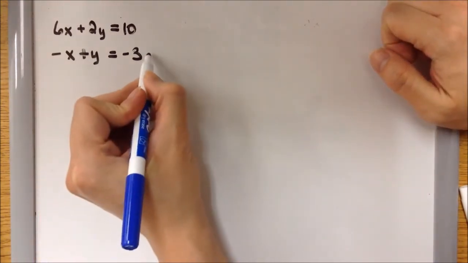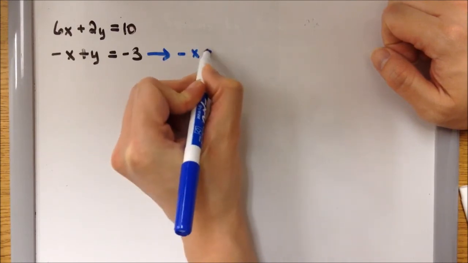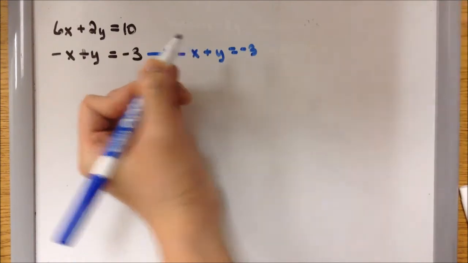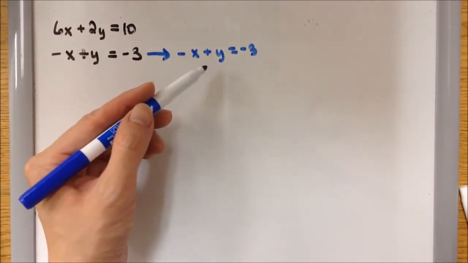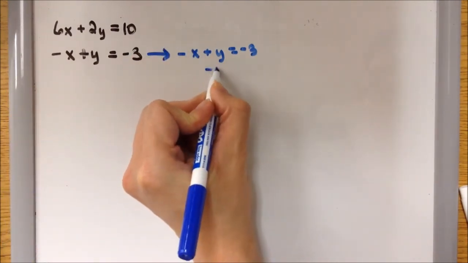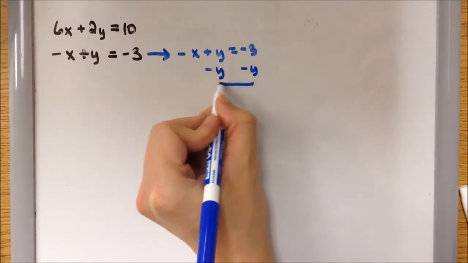So in equation 2, negative x plus y equals negative 3. If I want to get x by itself, I need to cancel out the y, which in this case, the opposite of plus y is minus y on the left, therefore minus y on the right.